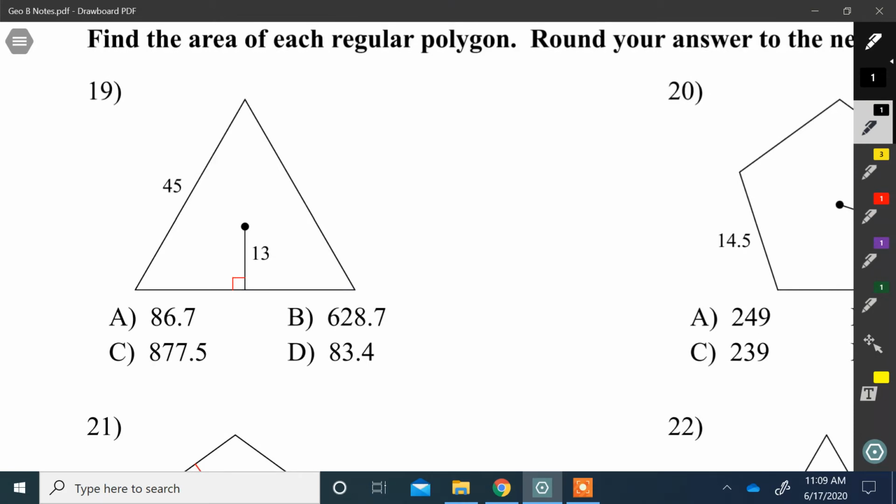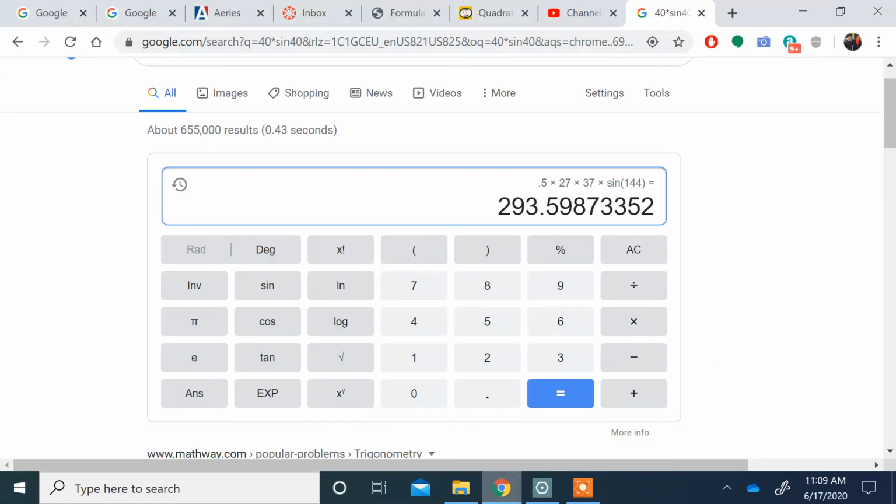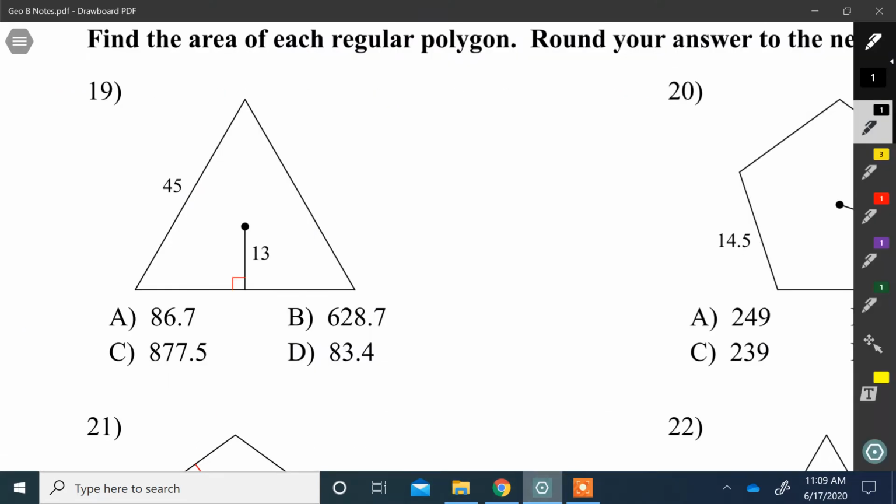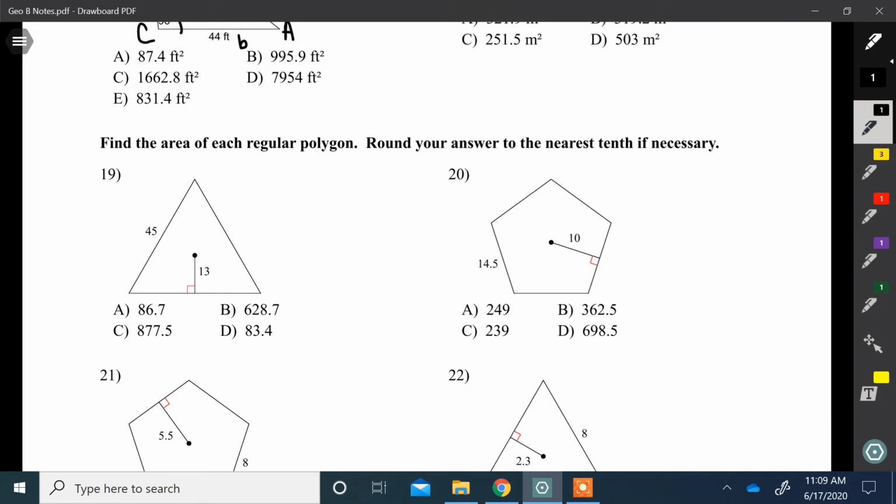Okay, this is where it gets very nasty, because it is a lot more difficult to do. So in here, I'm being asked to find the area of a polygon. What is the area of a polygon? Well, if you look at the formula sheet, or it might not be in the formula sheet, so let me take a look.